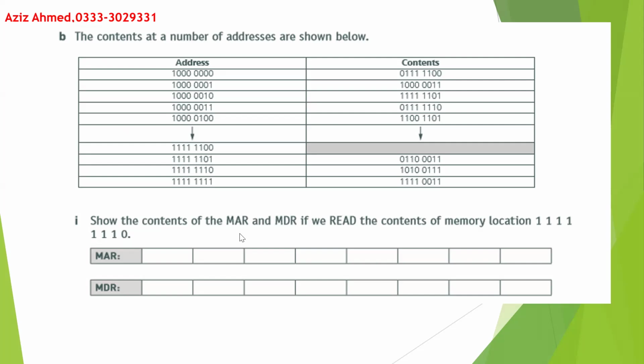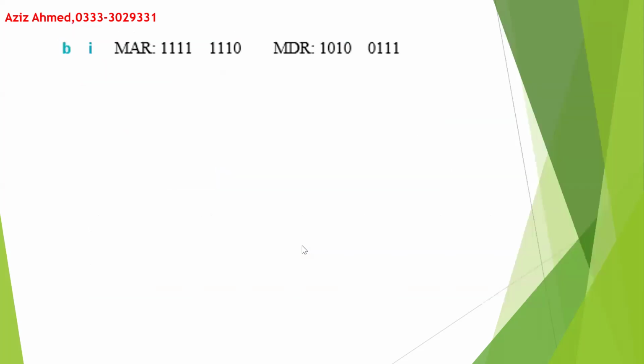It says show the content of MAR and MDR if we read the content of the memory location. This is the address, this is the MAR. And what will be the MDR? This should be the MDR. Okay, got that? Here you can see 1010 0111. Got it? Yes.